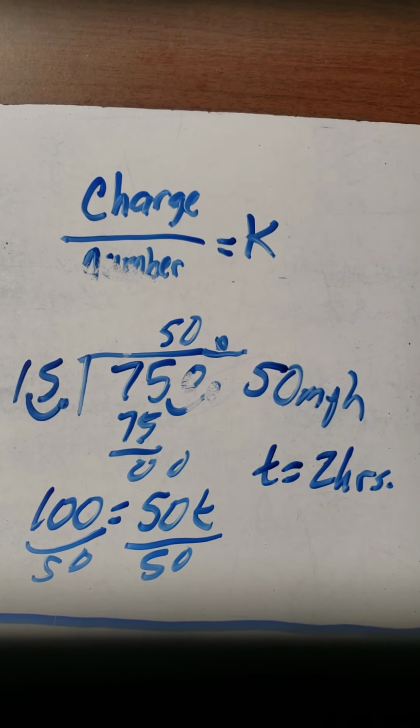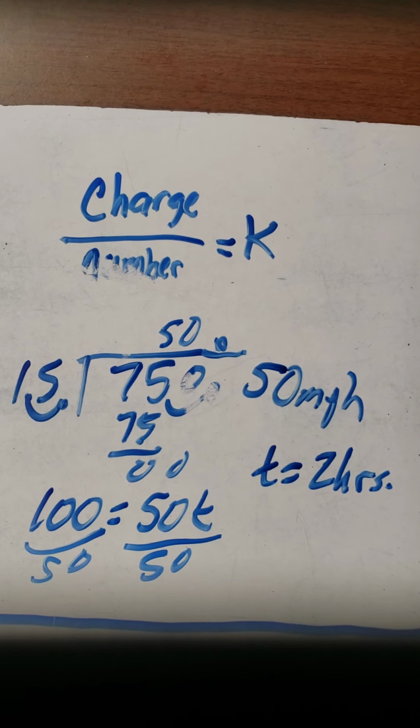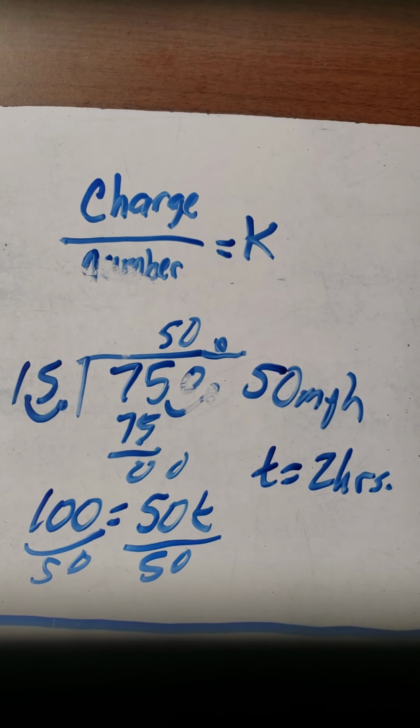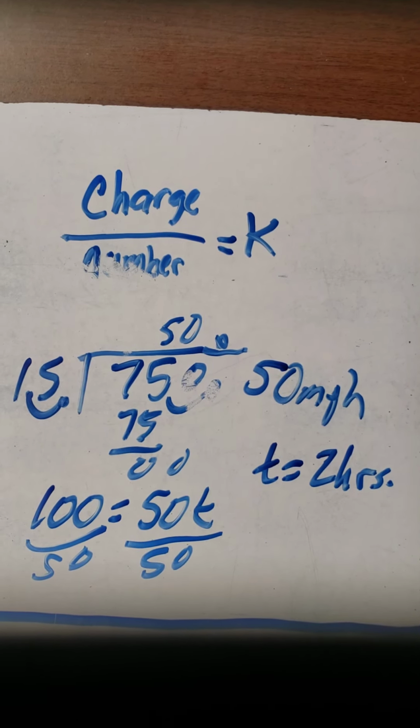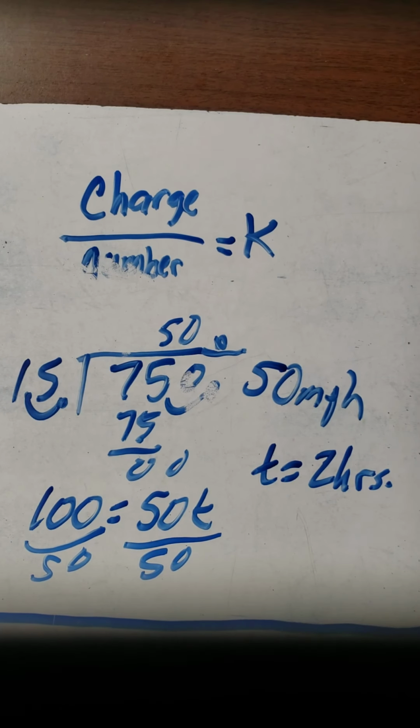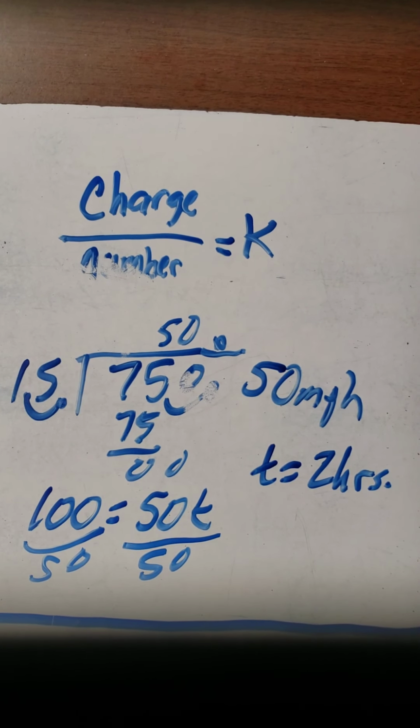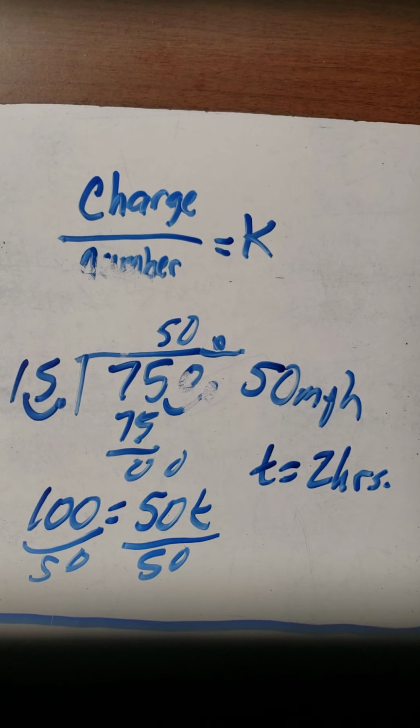If they're proportional, we can find how much it costs or how much time it takes later on in the problem once we find the constant. K is the constant. You're finding the constant, and then you can find your answer to your problem.